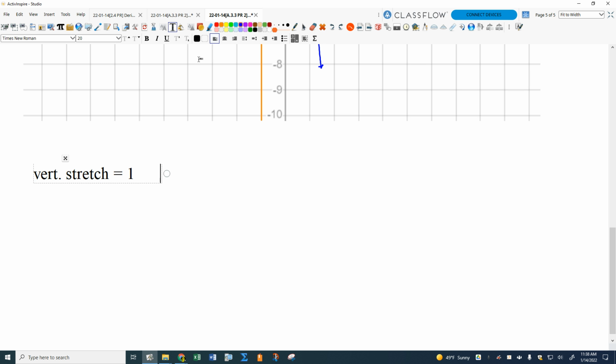And then over on the other side, I think it says horizontal stretch, and that always starts off as 1. Okay, you're never going to change that one. We're not learning about how to do horizontal dilations. If you can do vertical dilations, you don't really need to do horizontal dilations. So we're not even messing with that. So that one's always going to stay as 1. Okay, is that emphatic enough for you?